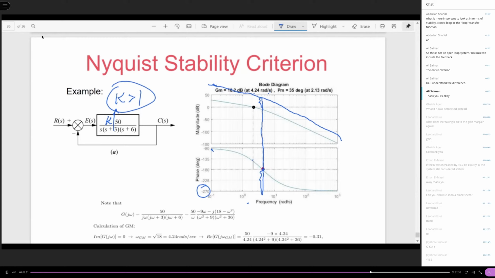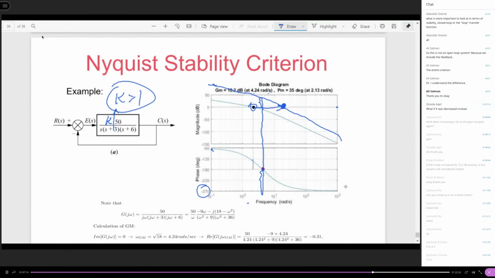So the system becomes unstable, right? This can also be seen from the phase margin. Because you raise the plot, you actually push this crossover point to the right. The new crossover point is here. This is 0 dB, right? You raise the plot, and the crossover with the 0 dB line is pushed to the right.